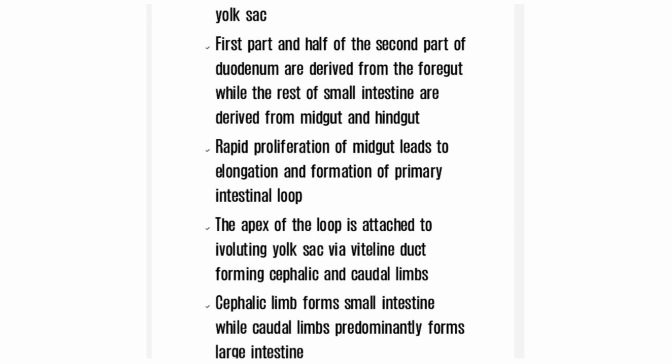The first thing you deal with is what we call the rapid proliferation of the midgut, which will lead to elongation and formation of coils, and these coils are what we call the intestinal loops.